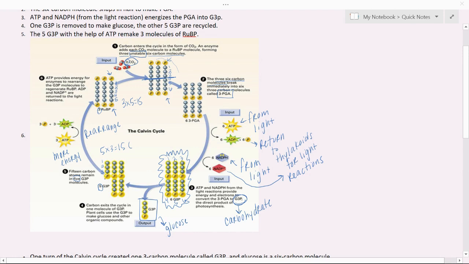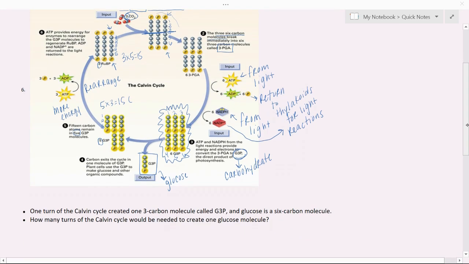The 5 G3P that get recycled get rearranged by bringing in some more energy from the light reactions in the form of ATP, and rearranges those back into the RuBP that we started the entire Calvin cycle with. And this just keeps going and going and going, fueled by the energy from the light reactions and more carbon dioxide.